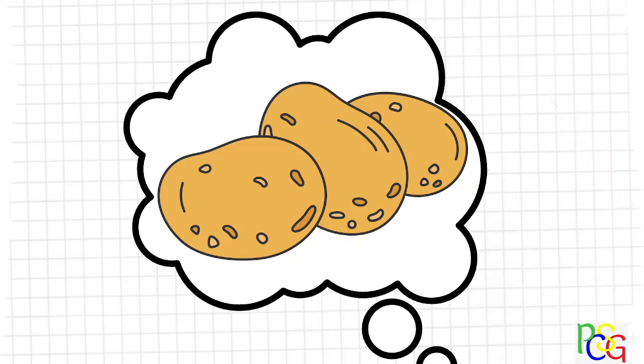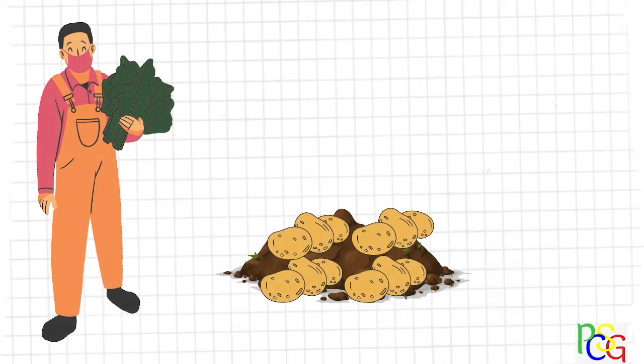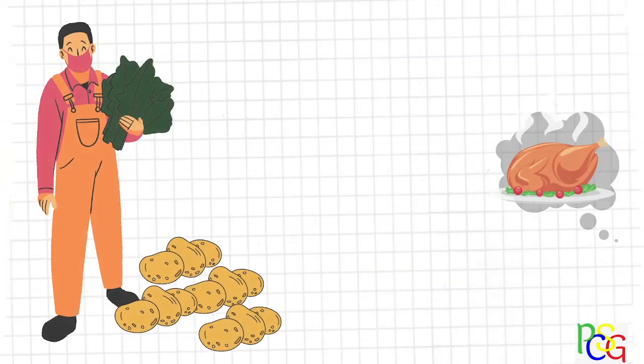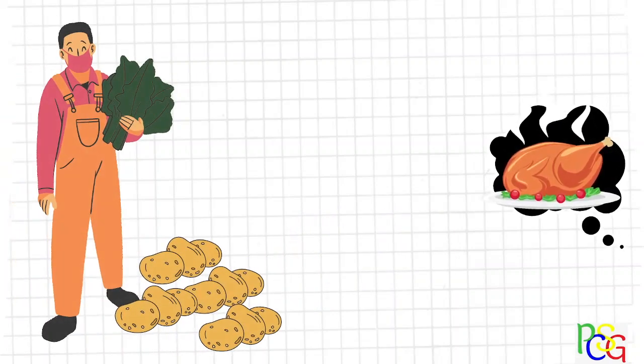And we remember that Mr. Brown down the road produces other vegetables, but we know him for producing lots and lots of potatoes. So we go down to him, and we say, well, Mr. Brown, I have a chicken here that I brought for you because we had excess chicken at home, and we know that you have potatoes.